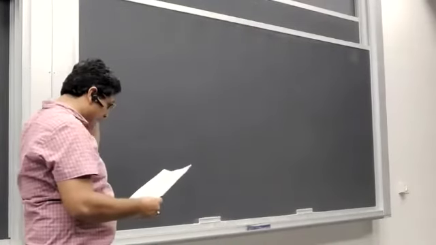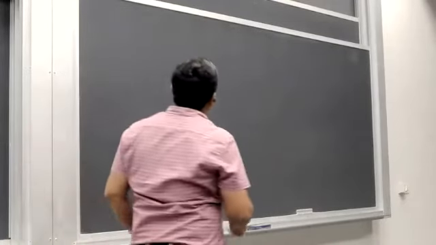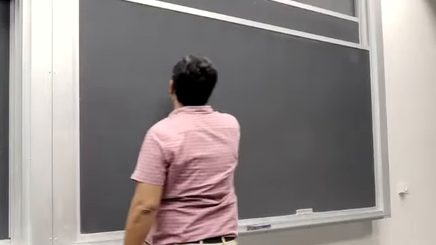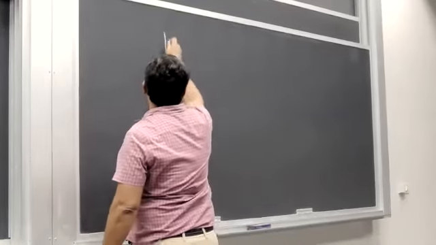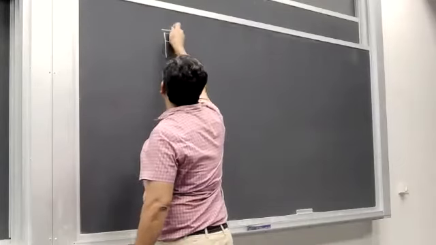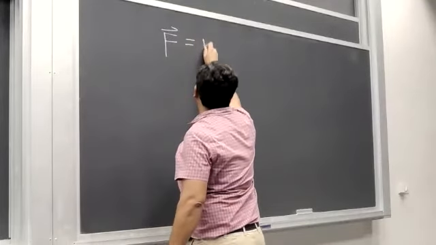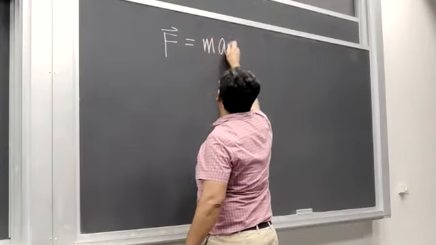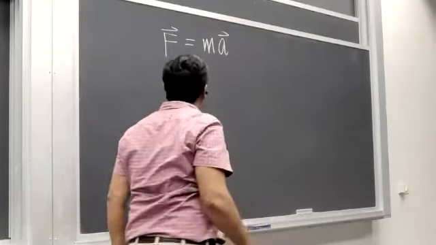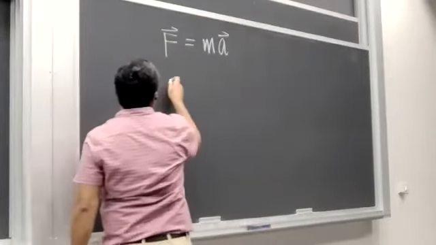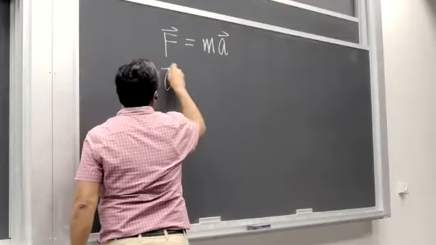All right, and then I would now introduce the second law of motion very briefly. So we have, very usually, F equals ma written, and this is best written like this.